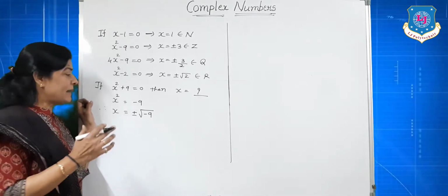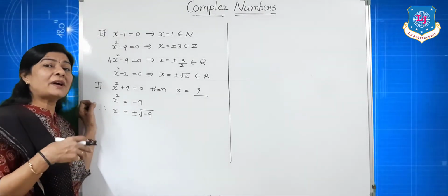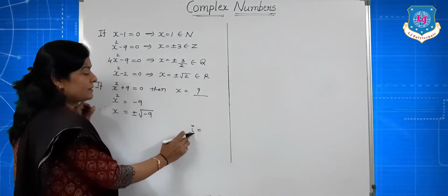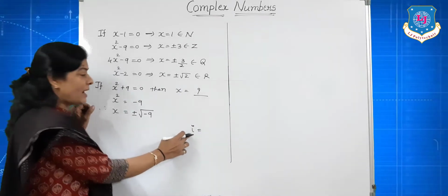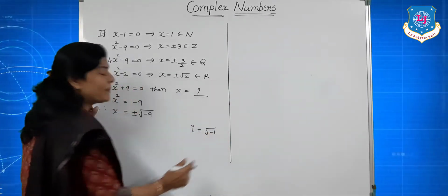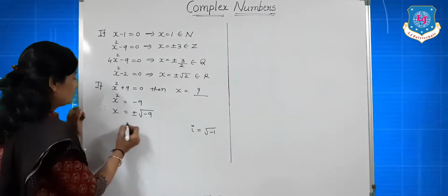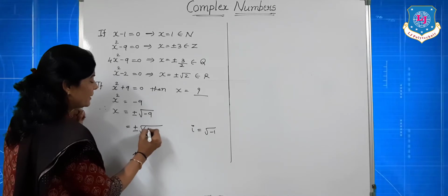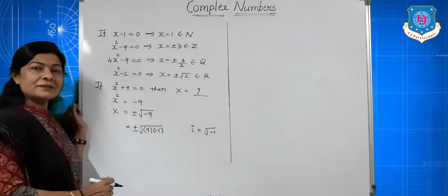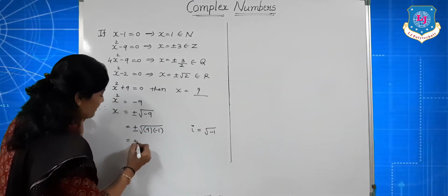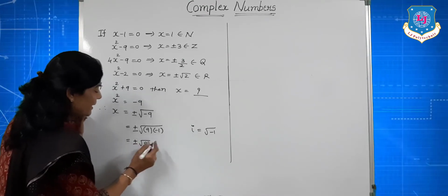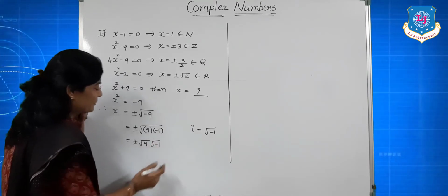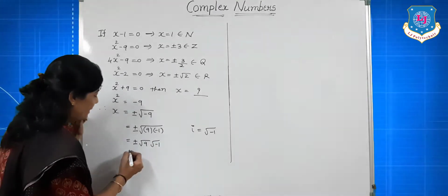And for this, mathematicians introduced a new kind of number, square root of minus 1, and that is denoted by i, means iota is equal to square root of minus 1. So x is equal to plus minus square root of 9 into minus 1, is equal to plus minus square root of 9 into square root of minus 1.